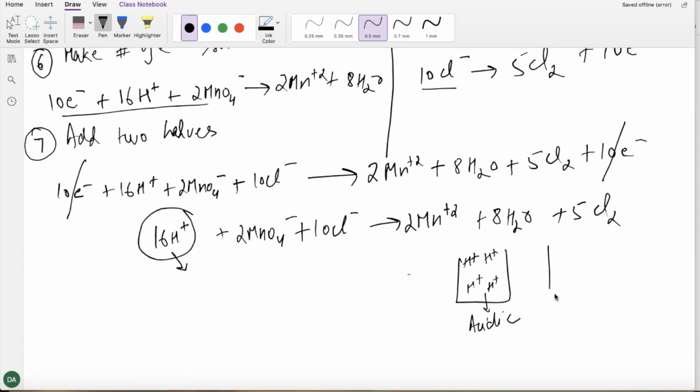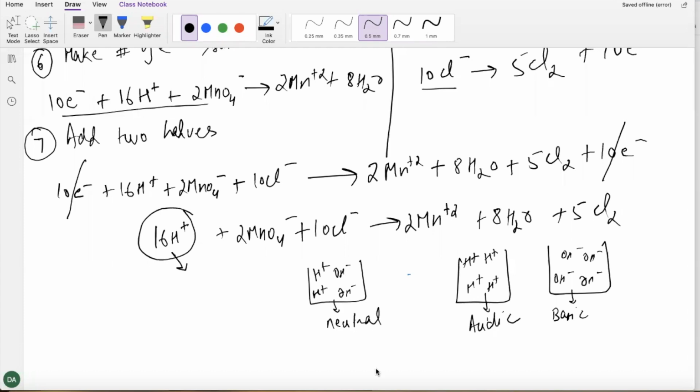If the solution has lots of OH negative hydroxide ion, then that solution is considered basic. If I have equal amounts of H plus and OH minus, what is that called? Neutral.